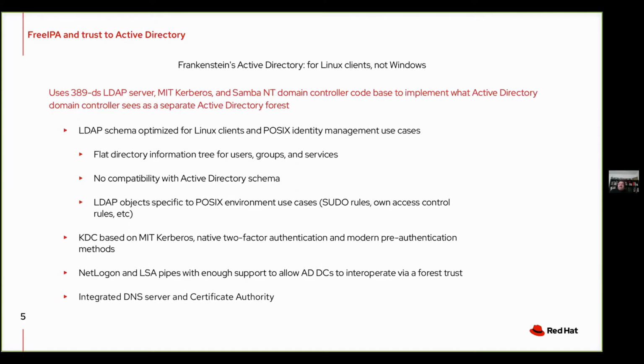The forest separation allows us to not care about a lot of hard to implement details that Samba AD spent a lot of time to implement, like the replication protocol. There is no need to have compatibility with the Active Directory LDAP schema and a particular directory information tree setup and so on.